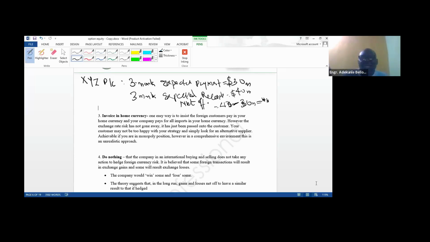So there's no point for any company to hedge. If you are involved in foreign transactions, you can decide to do nothing. At some point, you can make exchange gains. At some point, you can incur losses. Your exchange gain will cancel out the exchange loss.